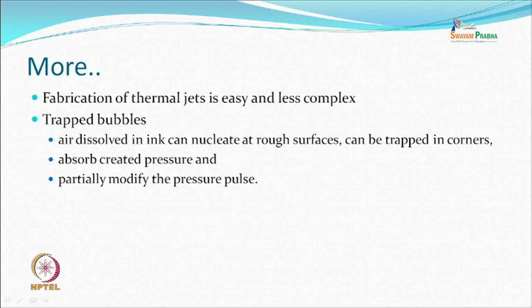If you pour any liquid in any container, you see on the side some bubbles, right? So, corners, asperities, irregularities can create some air bubbles also, and they can be somewhere else also, not necessarily where you are interested. And what it means is that they can absorb the created pressure.